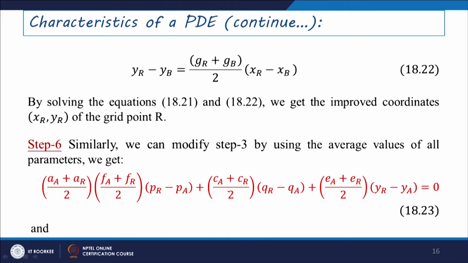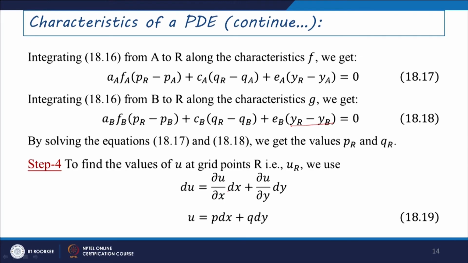Similarly, for yr minus yb along the curve G, we can write (gr plus gb) by 2, the average of the g function at that point, into (xr minus xb). If we solve these equations 18.21 and 18.22, we get the improved coordinates xr, yr of the grid point R. Similarly, we can modify step 3 by taking this average.